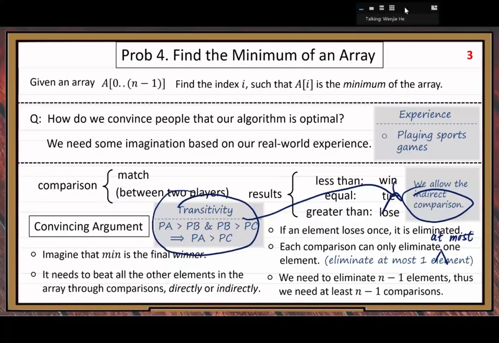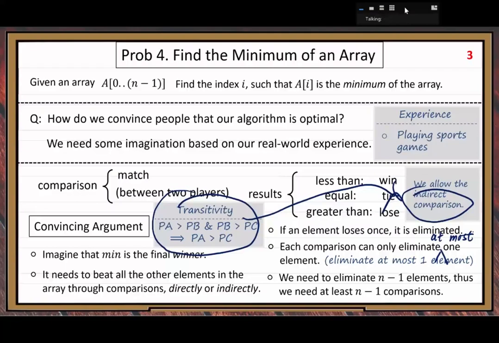Because our goal is to get a minimum, the minimum must eliminate n minus 1 other elements to be qualified for the final winner, right? Then you can convince people this is the final winner.